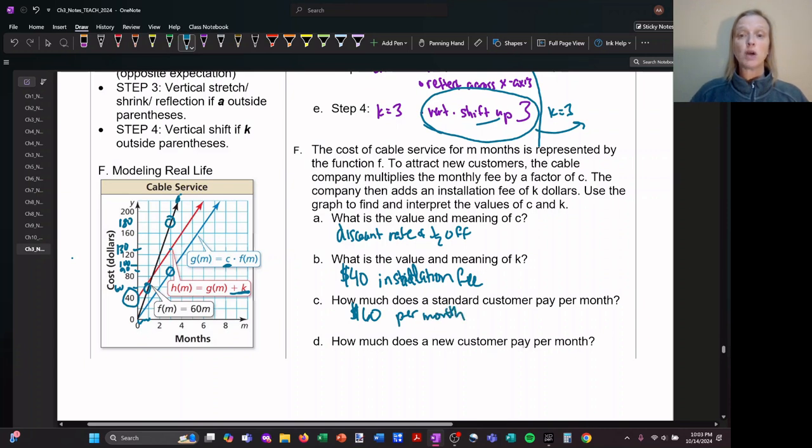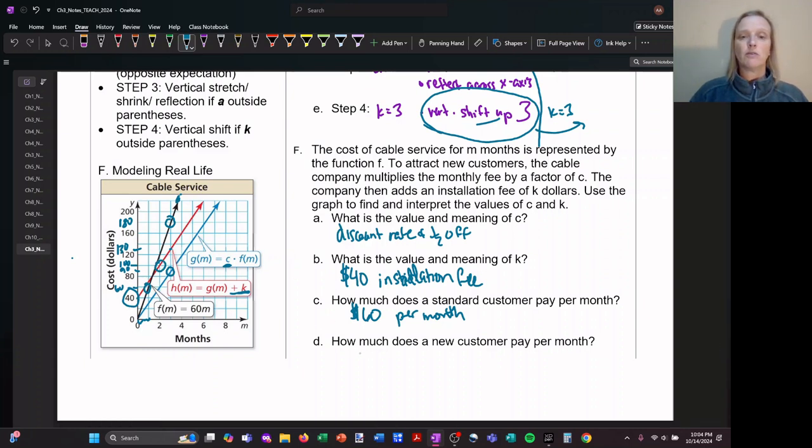And then how much does a new customer pay per month? Remember, this is the slope of the red or the blue line. The red and the blue line actually have the exact same slope, but we'll go ahead and look at the red. We start here at 0 months, where we've got a cost of $40. And then here at 2 months, we've got a cost of $100.